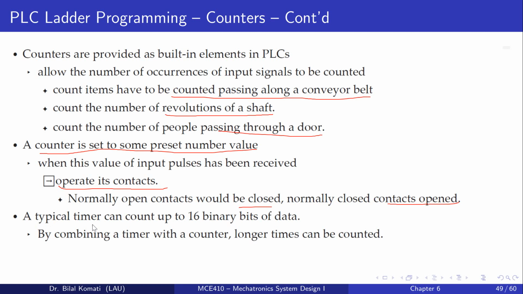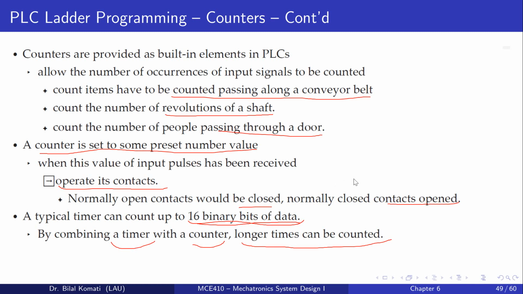Usually a typical timer can count up to 16 binary bits of data, and by combining a timer with a counter, we can count longer times. Since the timer can count up to 16 binary bits, this has a limit on the value, 2 to the power 16.